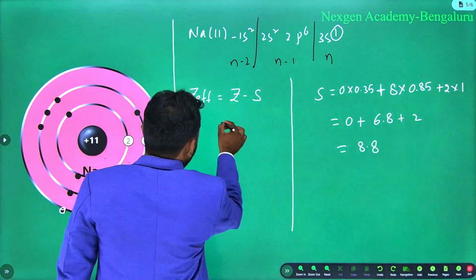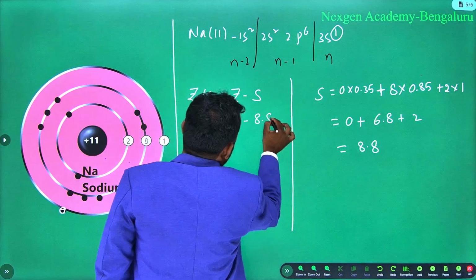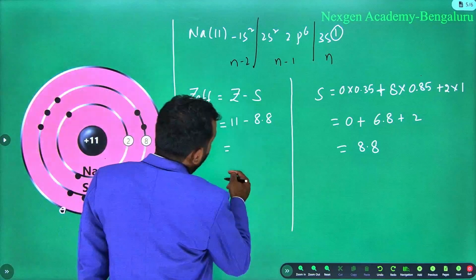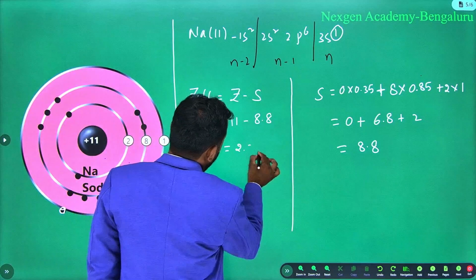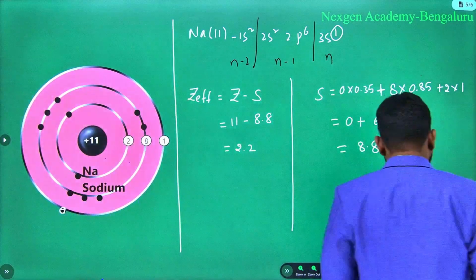If I'm not wrong, verify that. And atomic number 11 minus 8.8, so what is the value? 2.2. Correct, right?